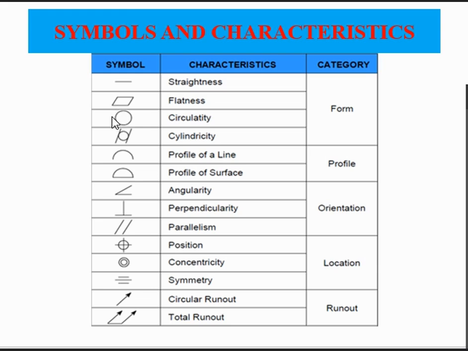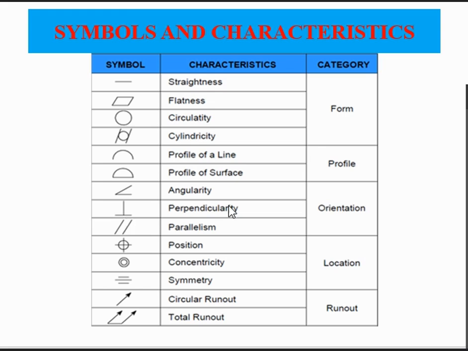So if you see such symbols, you should understand that the person who has made this drawing is discussing geometrical features like straightness, flatness, circularity, cylindricity, etc. Like the most common symbols that we have been studying from our childhood days, like parallelism. If you see such a symbol, you definitely know that the person is talking about parallelism. If you see a symbol like this, you definitely know the person is talking about perpendicularity, right?